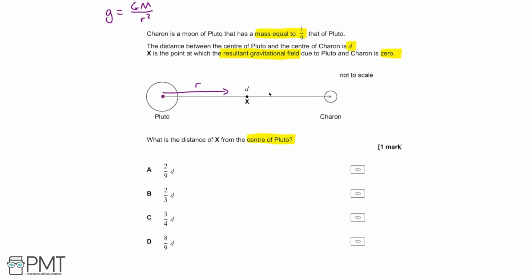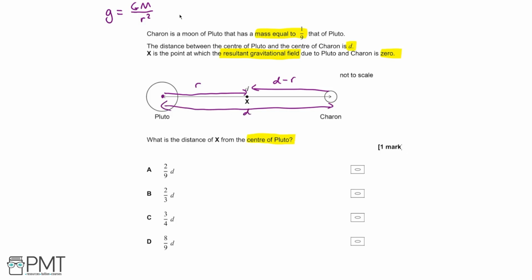We're going to solve for where it is, because it will be the position of X. Then the distance from the center of Charon is going to be given by D minus r, because this total length here is D, as they marked on already.